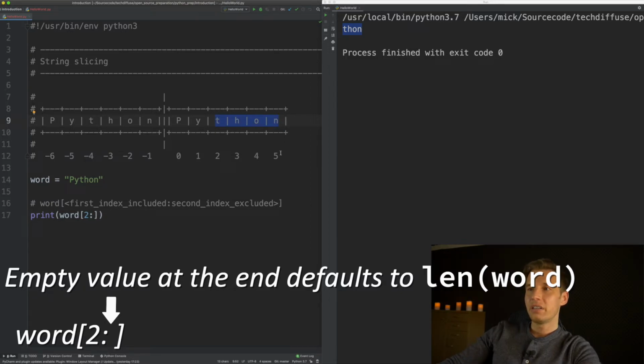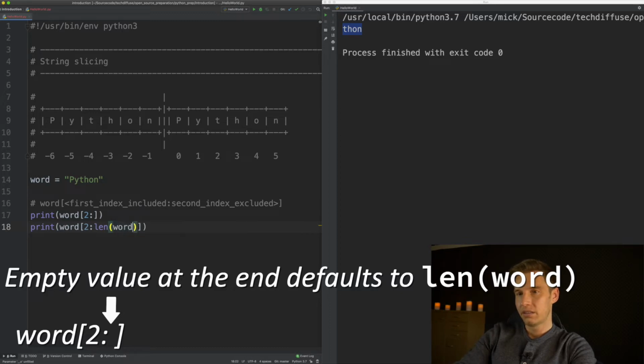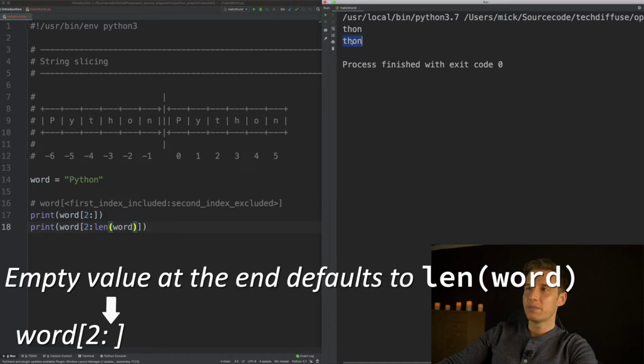And this can only mean that we have something like a longer value than the actual string. And it's much easier. It defaults to the length of the string. So this one is the same as if we write len(word). And you can see we have 2 times THON. So this is also a convenient method from the developers of Python.